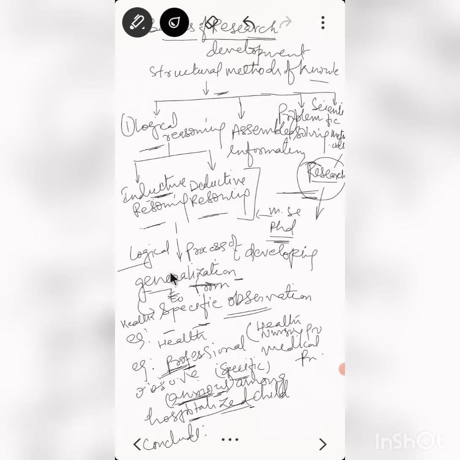So what was your inductive reasoning? Inductive reasoning is basically the process of developing generalization from specific observation. So in this example, the specific observation is anxious behavior.